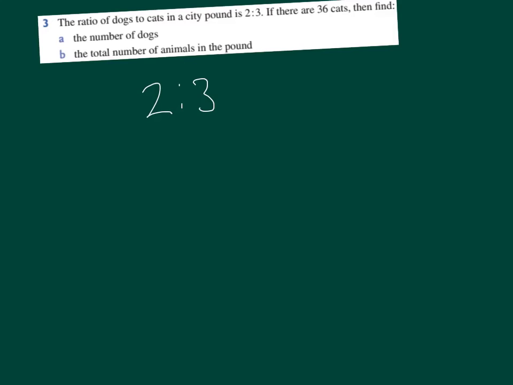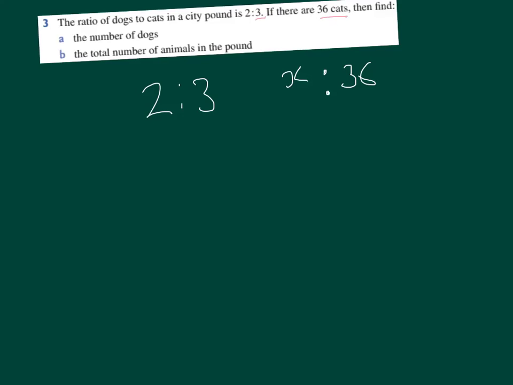Okay, so the ratio of dogs to cats is 2 to 3. The ratio in full terms would be something to 36. So we've got 36 cats, and the 36 is the 3 part of the ratio.